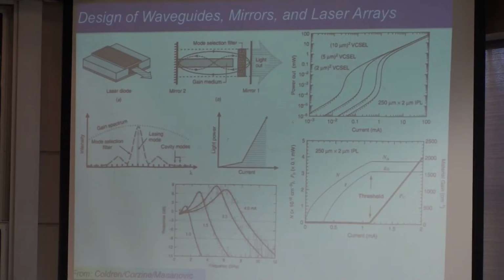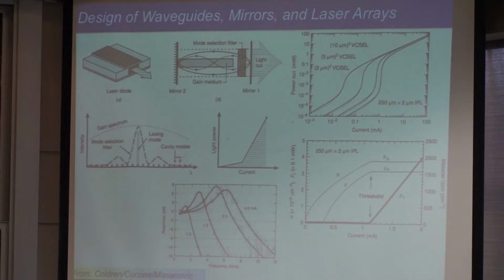And then when you hit threshold, you have a very sharp turn on, and then essentially it locks into the laser output now. This output is a laser with a certain slope, which is called the differential efficiency. And when that happens, the gain was increasing as you increase the carrier injection. Remember, your gain starts out as loss when you do not inject any carriers, and then you inject more and more, pull the quasi-Fermi levels into the bands, and then you flip sign from negative to positive, and it becomes gain.